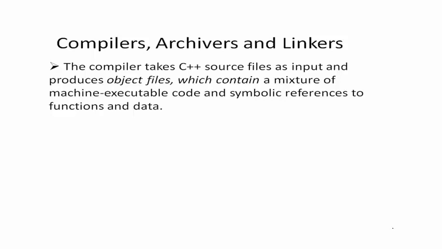In our program we're gonna use some functions and refer to library functions provided by C++, and also refer to some data in other files. So the object file created by the compiler contains the code of our program in zeros and ones, and also some references to these functions and data.